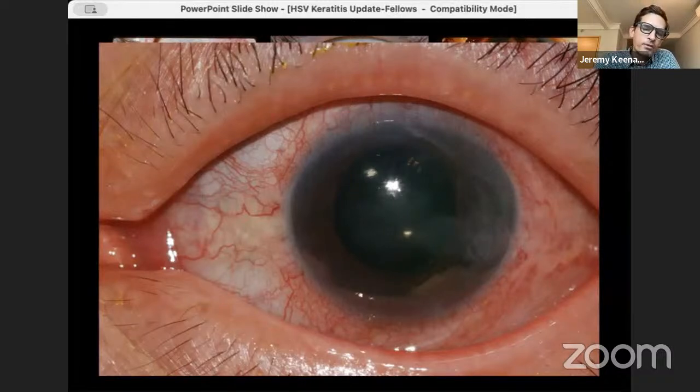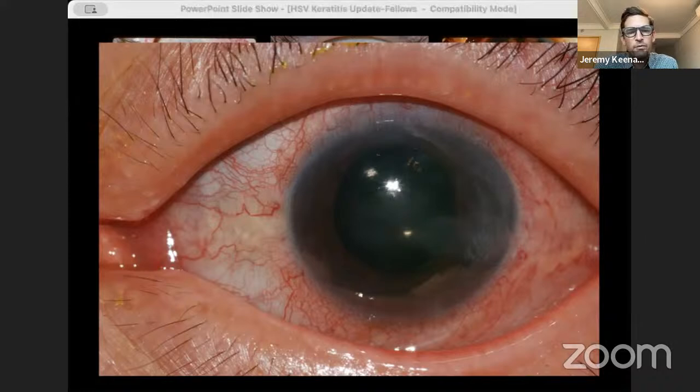It's usually round and central in the cornea, but it can also be linear shaped or other shapes as well. One other key finding that often happens with endotheliitis is that the intraocular pressure goes up. And the reason for that is because there's a trabeculitis and infiltration of inflammatory cells in the trabecular meshwork.